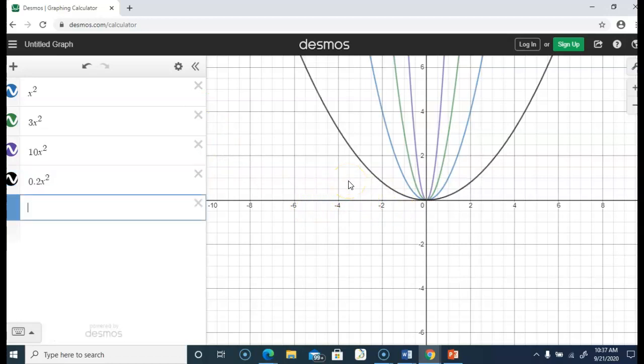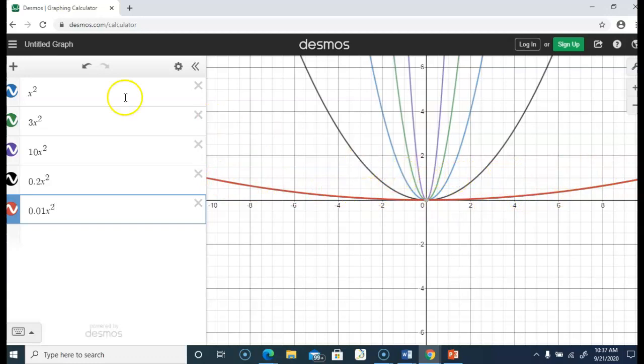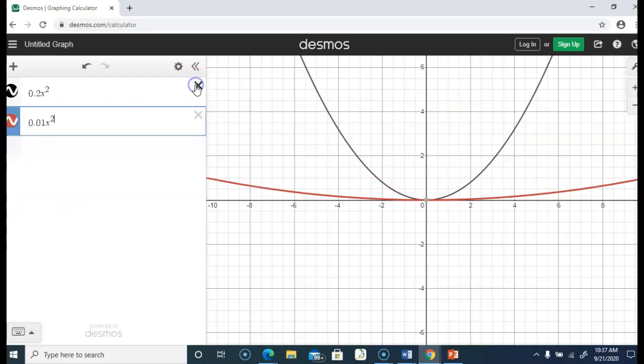If I were to put an even smaller number, let's say 0.01x squared, then this parabola gets really flattened out here. It does have some curvature to it, but just not a lot. So you can kind of see the effect on this. And this is true for our other parent graphs as well.